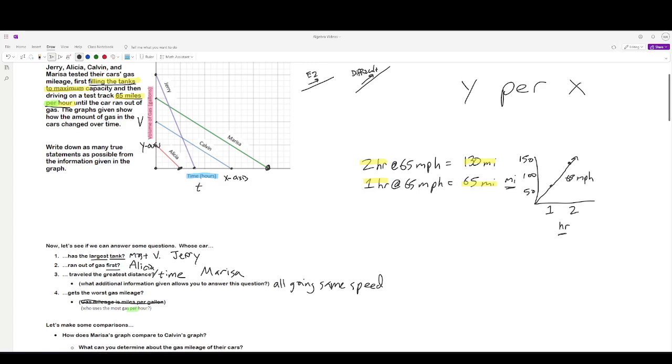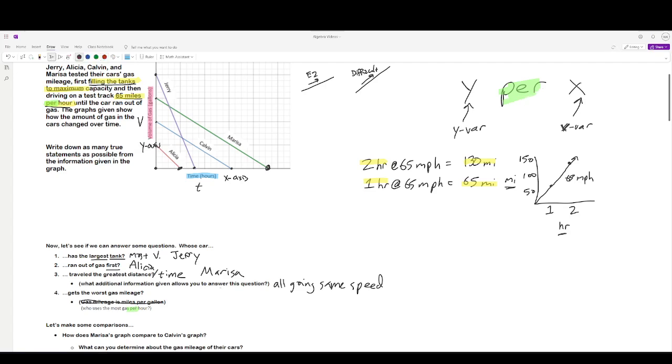So any time that you're given blank per blank, you know that this one is the y variable and this one is the x variable just by the way that it's stated. So if I make $20 per day, then I know that dollars will be the y-axis and day will be the x-axis. All right, that was a really important little side trip because the word per is just so important.